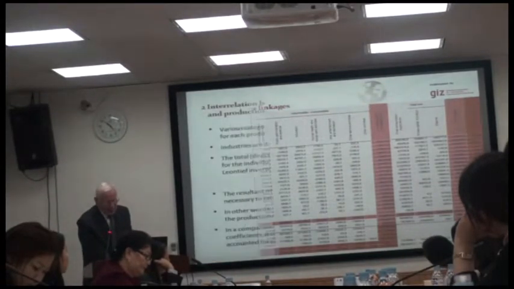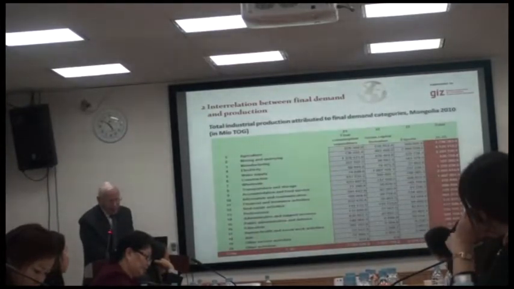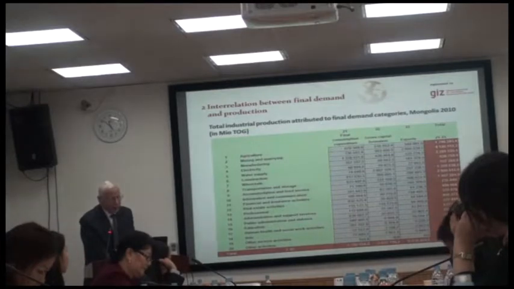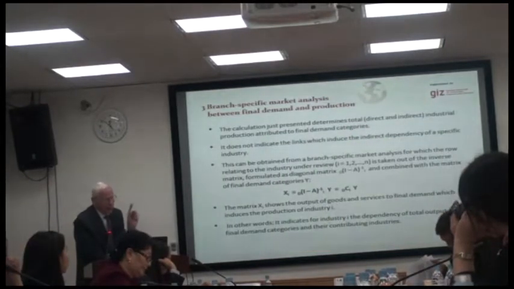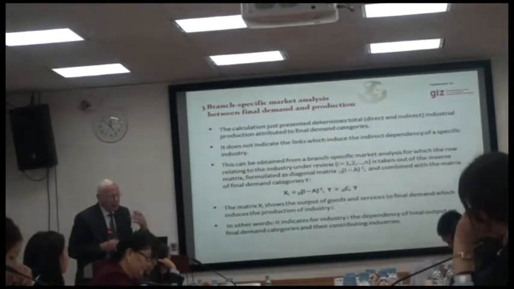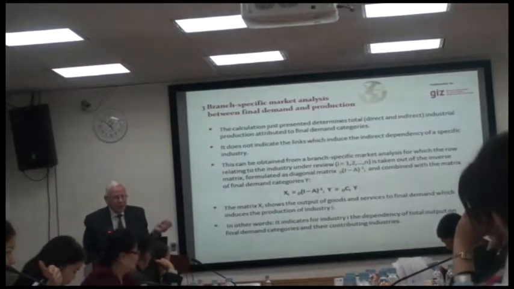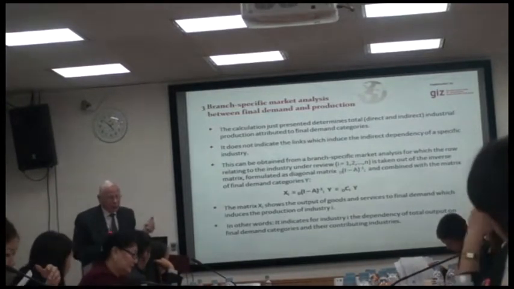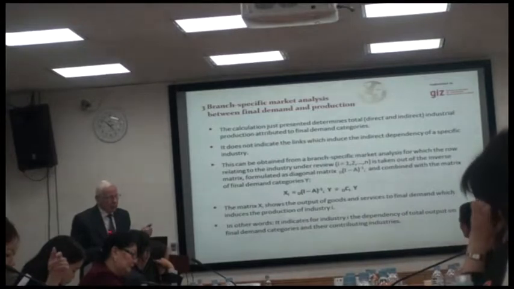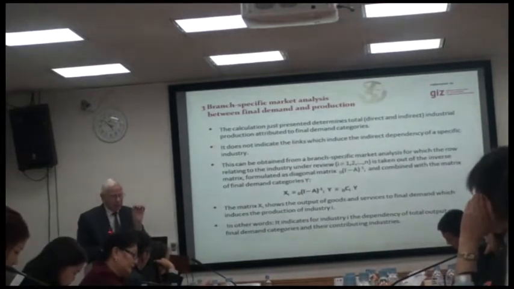So I think it's the same as in the inverse, but it is levied up to another level according to the final demand. Now I think it might be easier for you to understand because now we explain how it happens. The calculation just presented determines total direct and indirect industrial production or total output attributed to final demand categories.